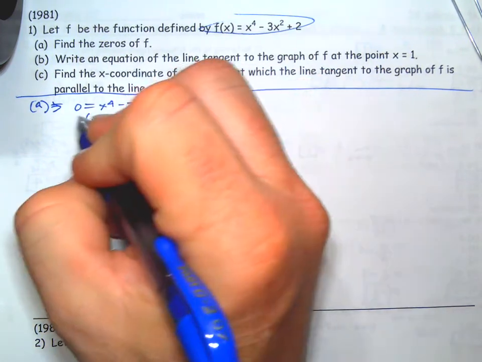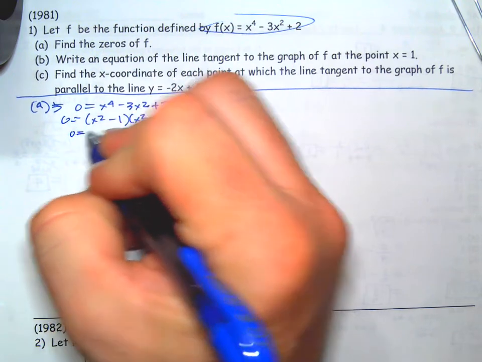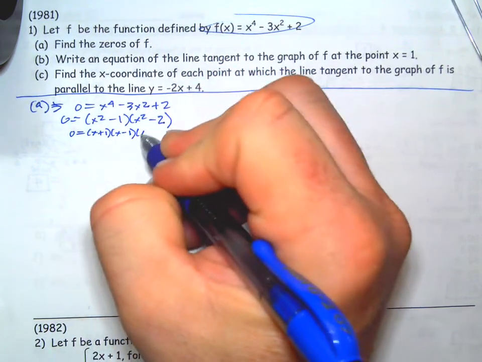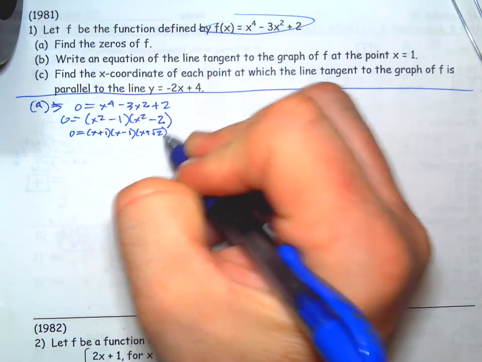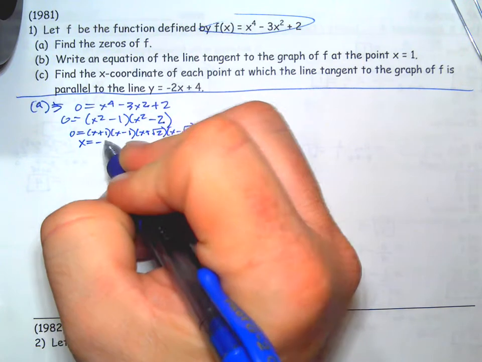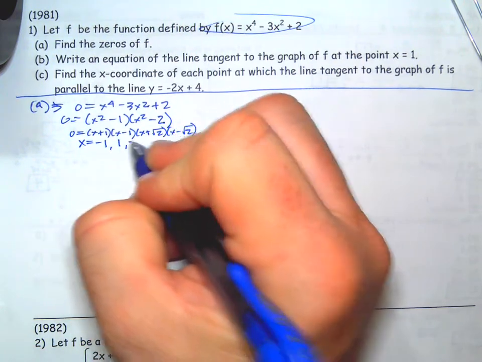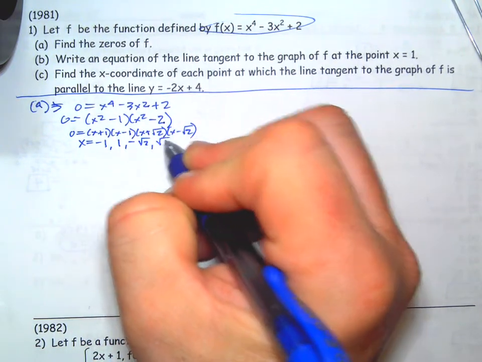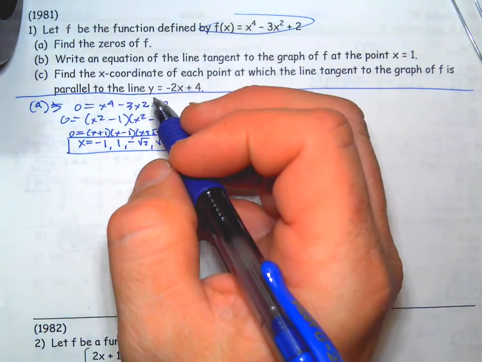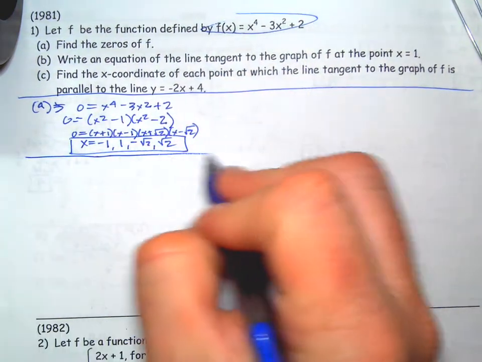That actually works. So then you get (x plus 1)(x minus 1)(x plus root 2)(x minus root 2). And so your roots, your zeros, would be -1, +1, negative root 2, and positive root 2. So that worked out pretty nice to treat the quartic kind of like a quadratic. Otherwise, you could do rational root theorem.